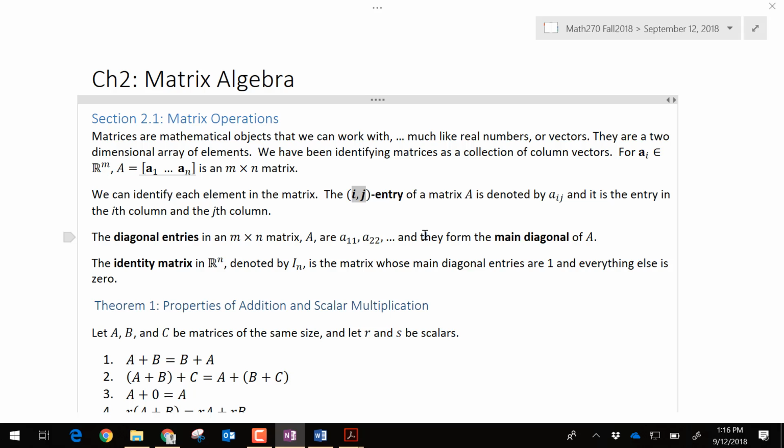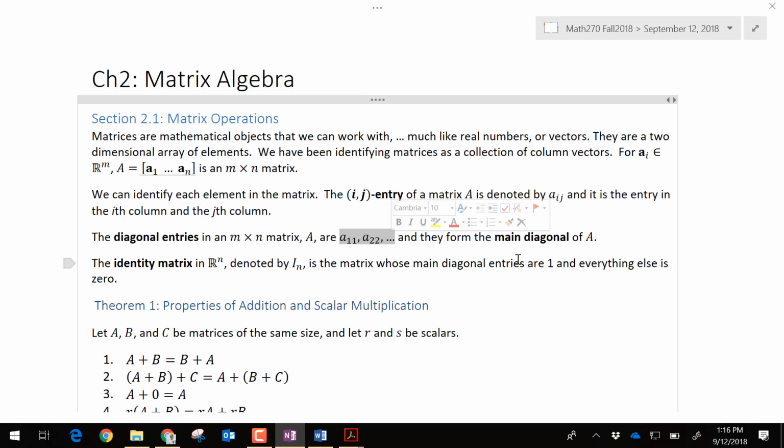The upper left-hand corner would be the 1,1 spot. Then if you start moving to the right from there, it's going to be 1,2, 1,3, 1,4, etc. Then you go down to the second row, that'll be the 2,1 spot, and then 2,2, 2,3, 2,4, etc. An important aspect of things that we're going to be looking at is the diagonal, called the main diagonal of a matrix, and that's going to be the same row, same column index.